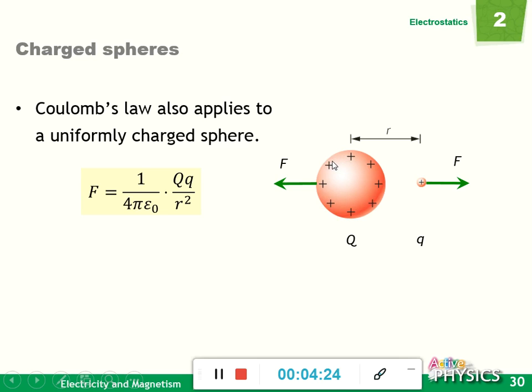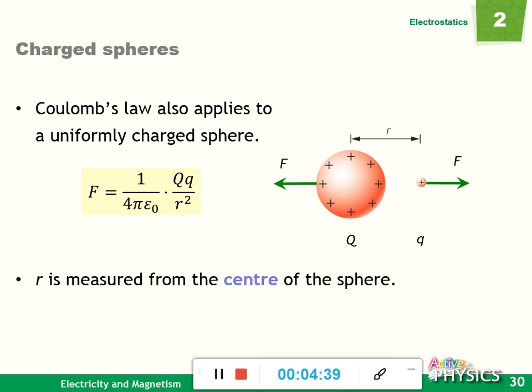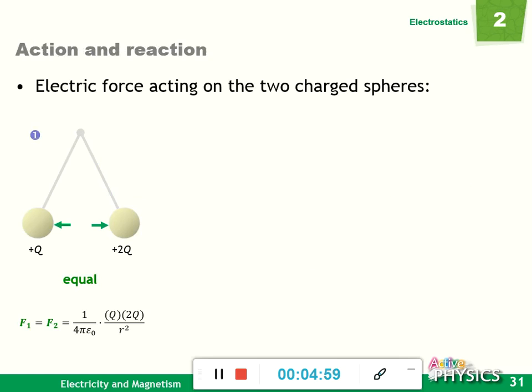We can think that all the charges concentrate at the center to represent the whole sphere. Then the distance between them should be R, measured from the center of the sphere. Also this formula can be applied outside the sphere, but not inside the sphere. Inside the sphere, we will have another formula. That is not in our syllabus.